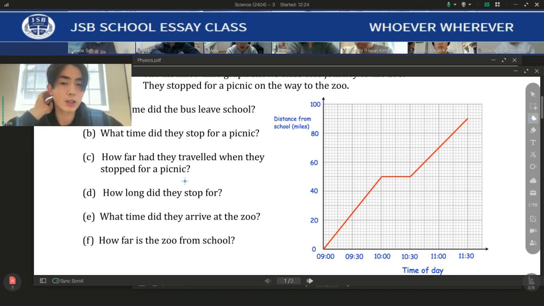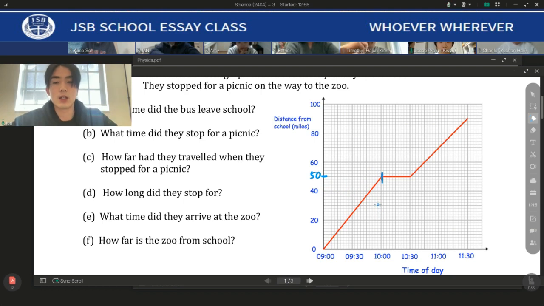Jacob, do you know how to do this one? 50. Good, but how did you know? Because the straight line is at 50 distance from school. Exactly, very good. It starts at 50, but this is when it stops, doesn't it?